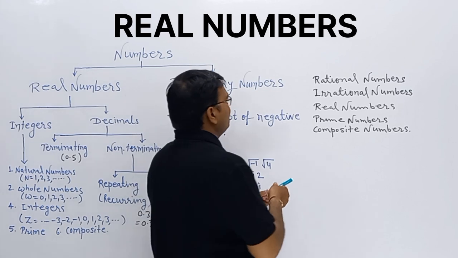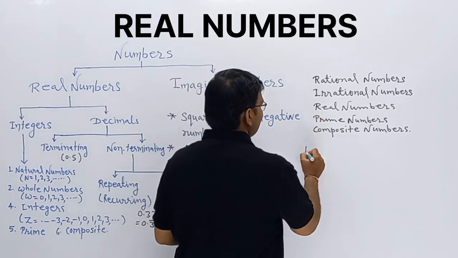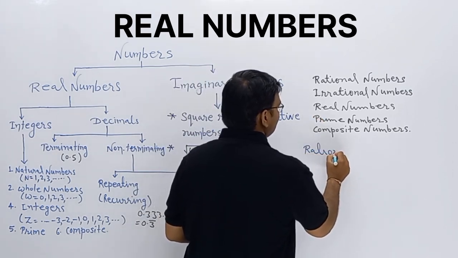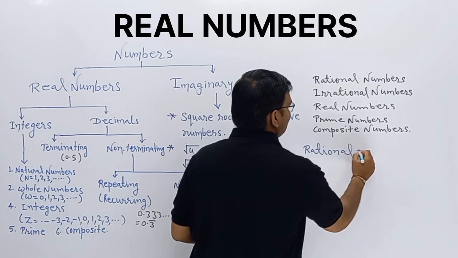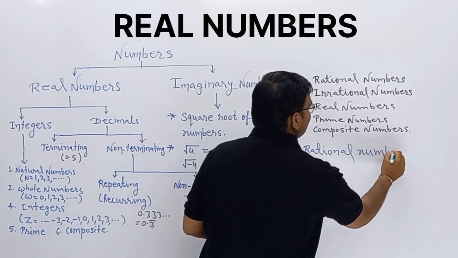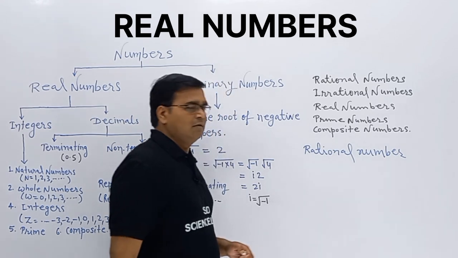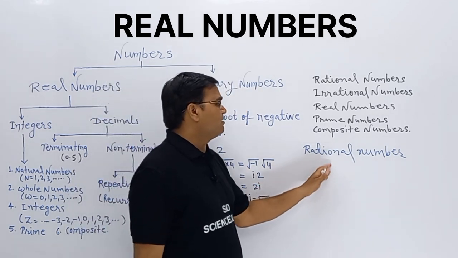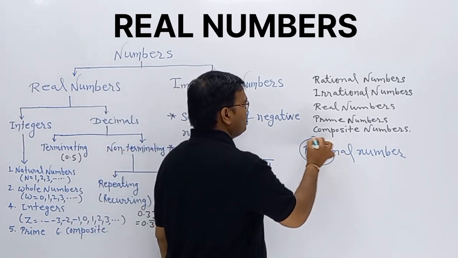So what about the rational numbers? In rational numbers, one word is used: ratio. What about the ratio?